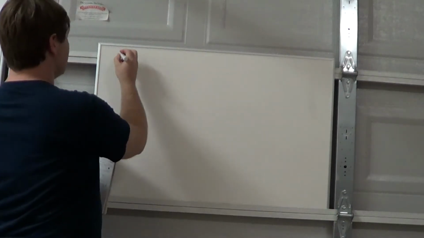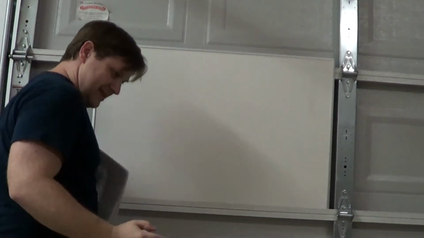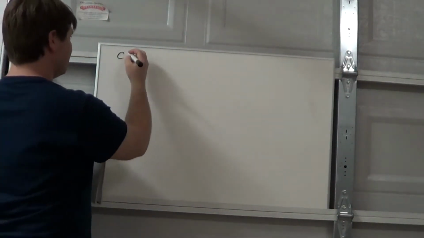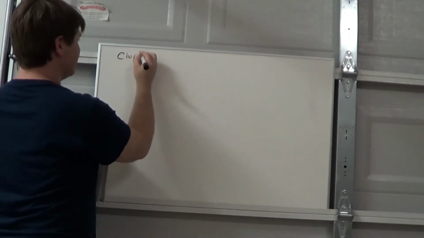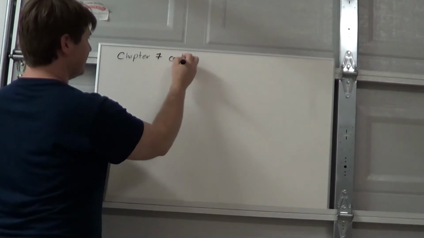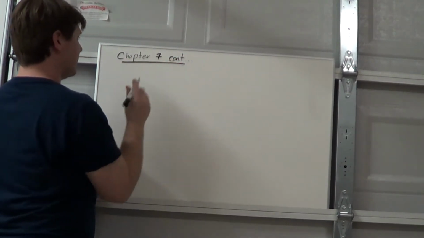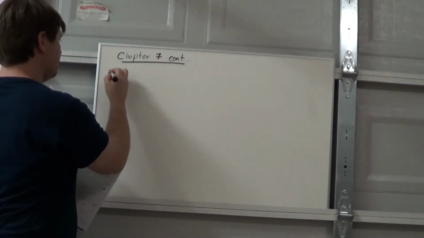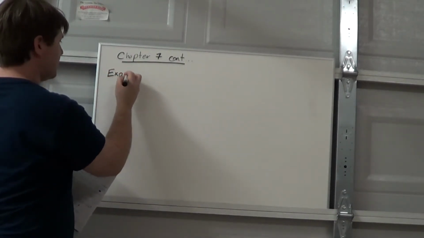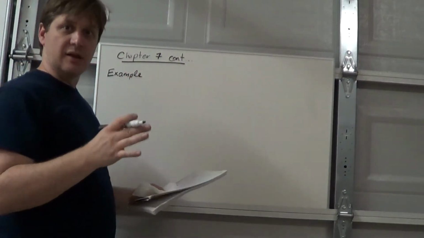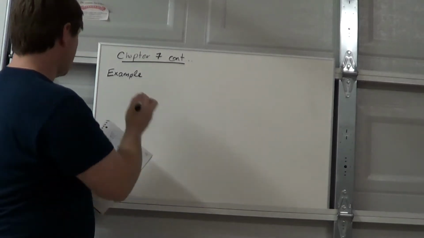This is from Chapter 7. So just an example of how to use cosets to prove something interesting. Okay?